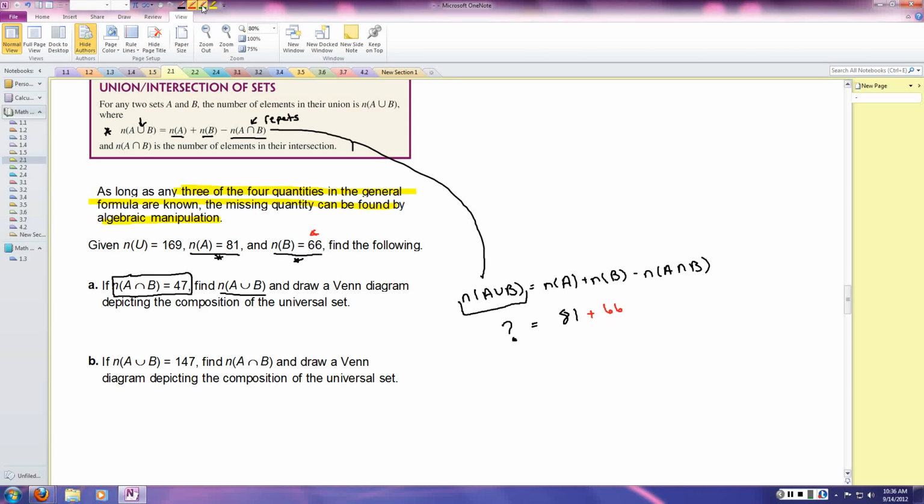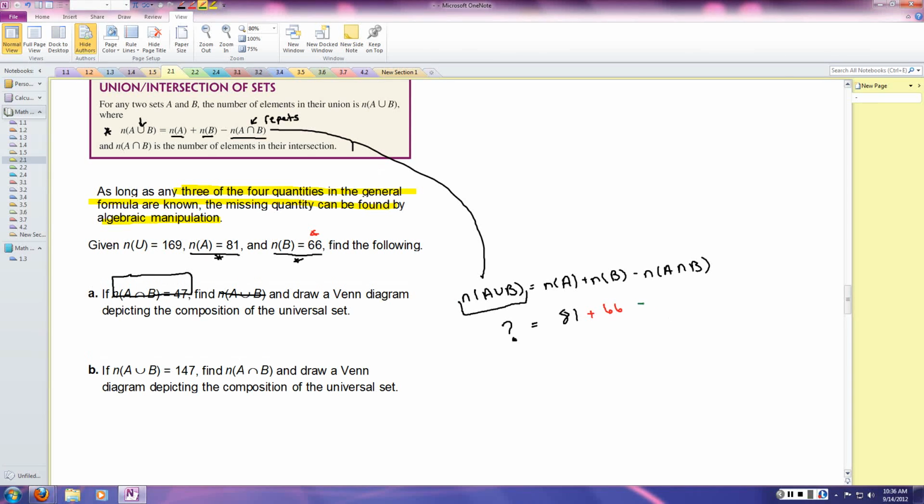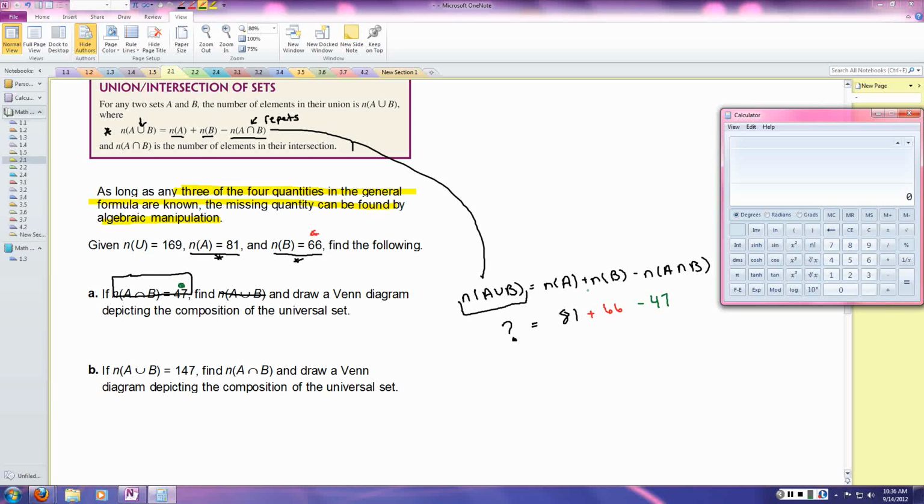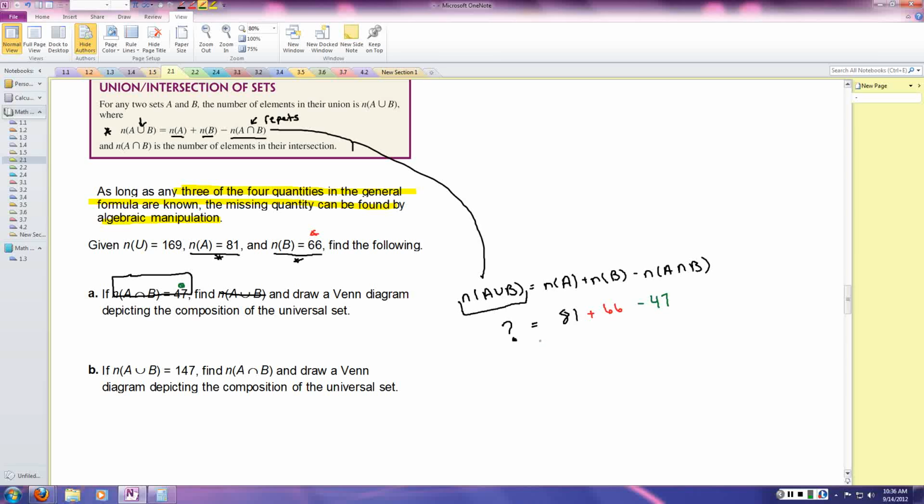And then the number of elements in A intersection B was given here, and that's 47. So now to find the number of elements in A union B, I take 81 plus 66 minus 47, and I get 100. So that tells me there's 100 elements in A union B. So A and B together, there's 100 elements.